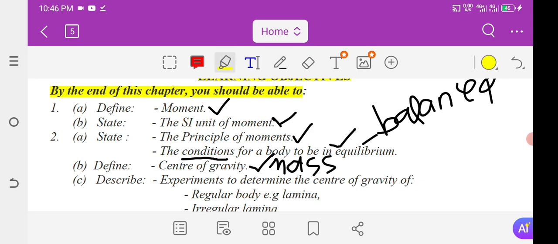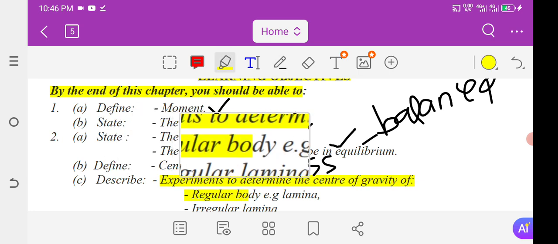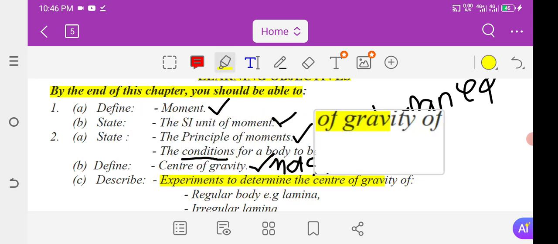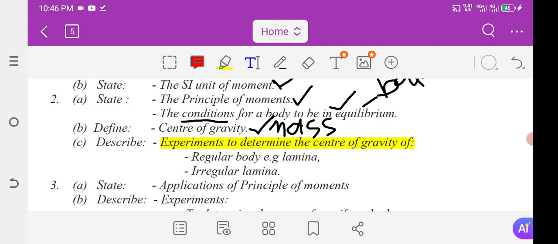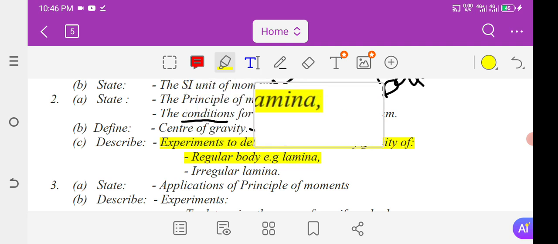We shall describe an experiment to determine the center of gravity of a regular body such as a lamina.